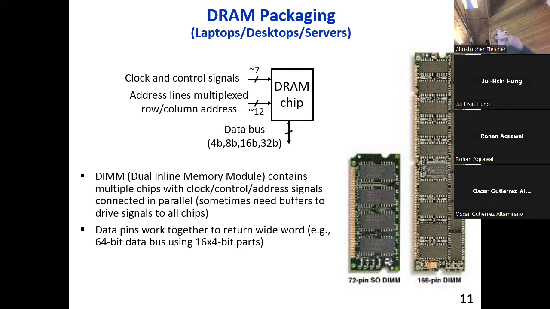I think that this is DDR2. It may have changed in more recent generations. DDR is like DRAM standards that have evolved over time. The number of address wires that you have is only 12.